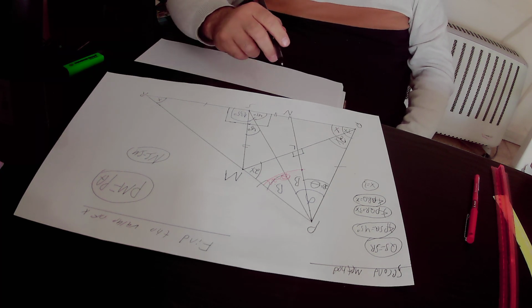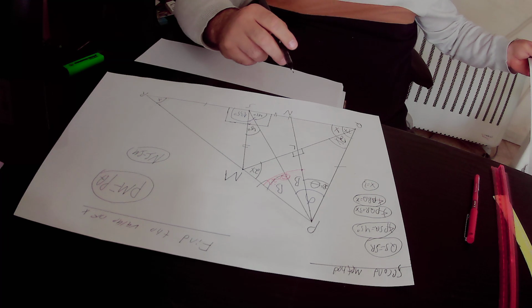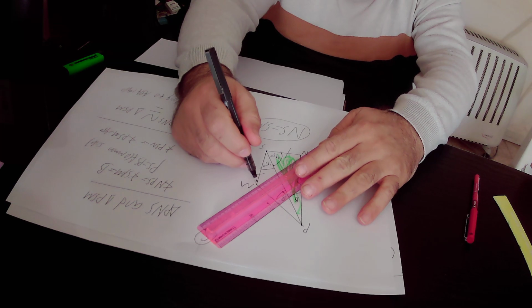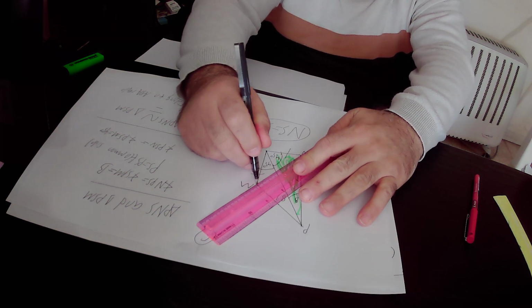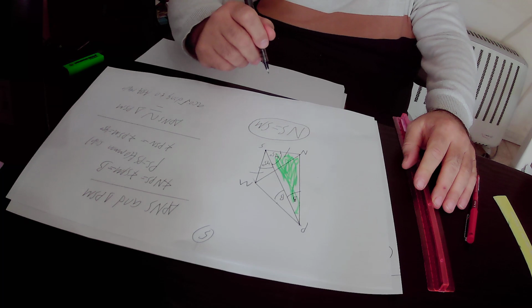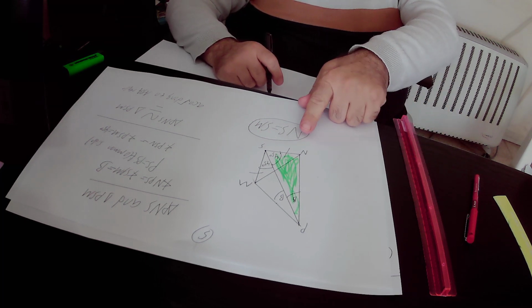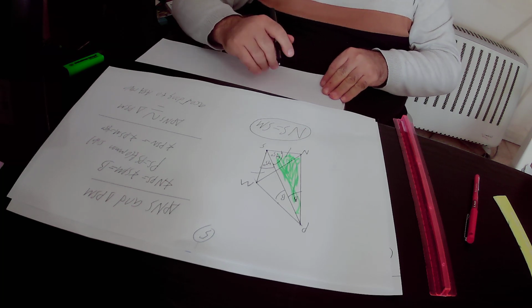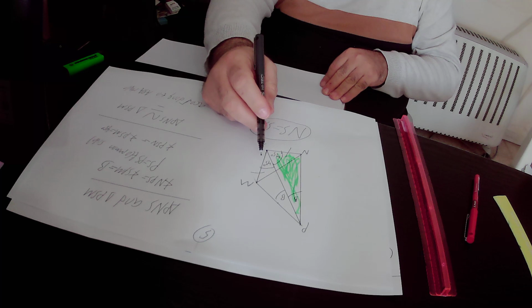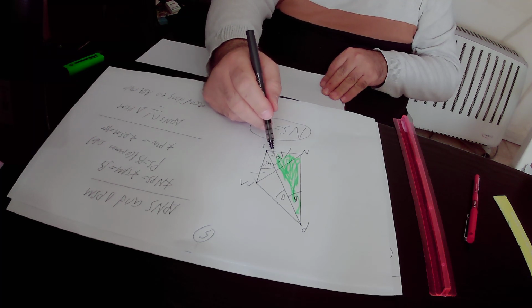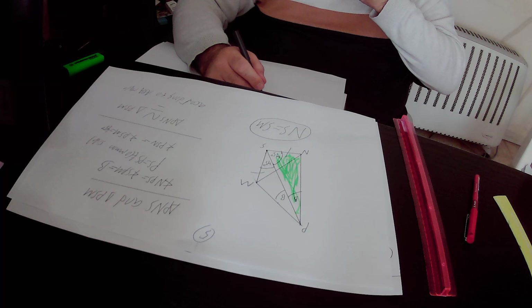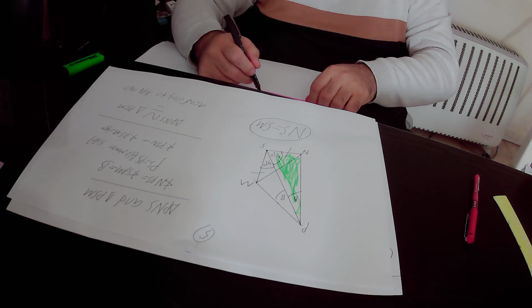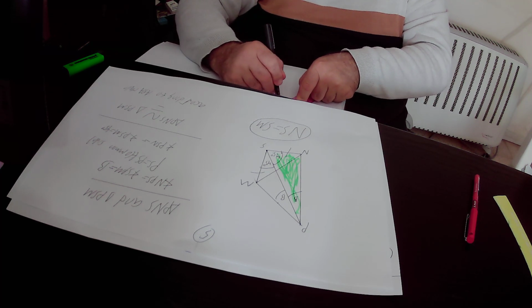I will join points N and M together by a straight line. And we focus on triangle NSM. In triangle NSM, this is a right angle.